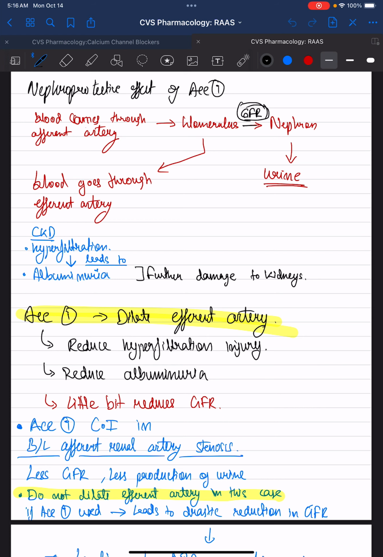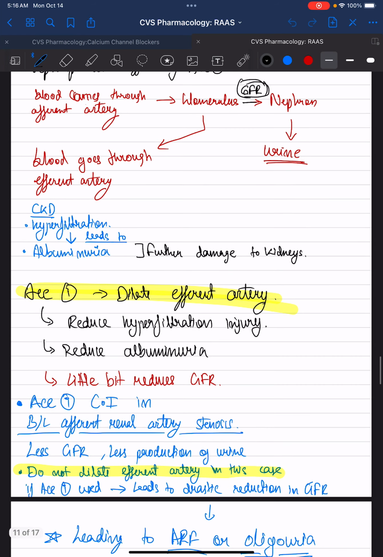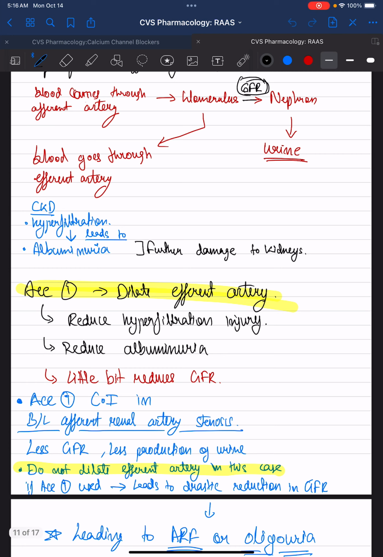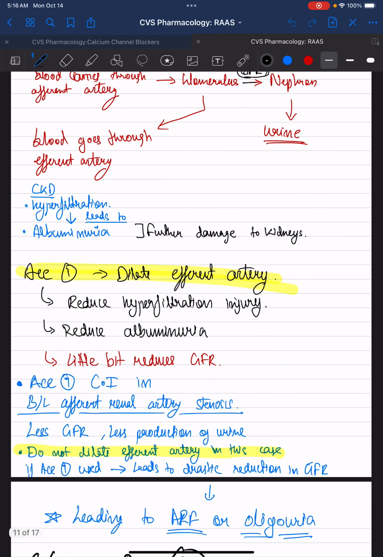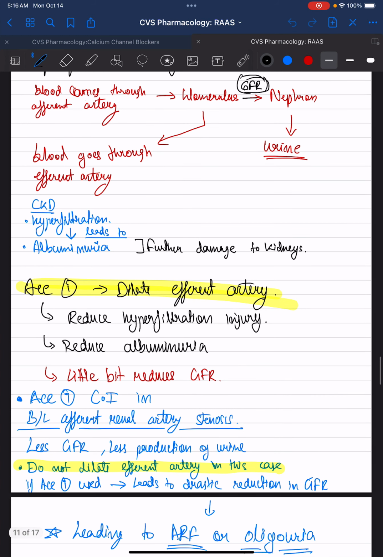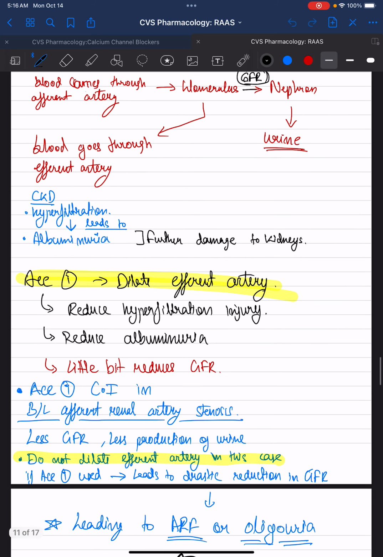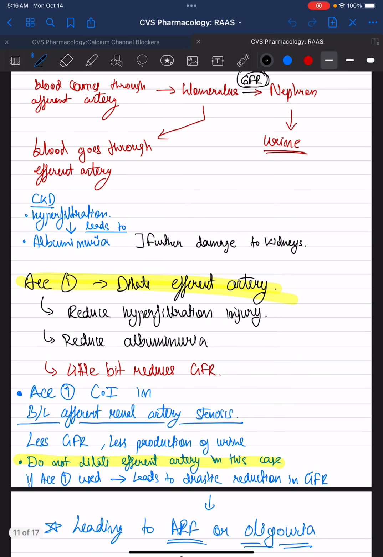So as the vessel that leads the blood away from the glomerulus is larger, it will reduce hyperfiltration injury, it will reduce albuminuria, which is happening due to hyperfiltration, and it will also reduce the GFR a little bit, because more of the blood is leaving the glomerulus, because the efferent artery has been dilated and has a bigger lumen.